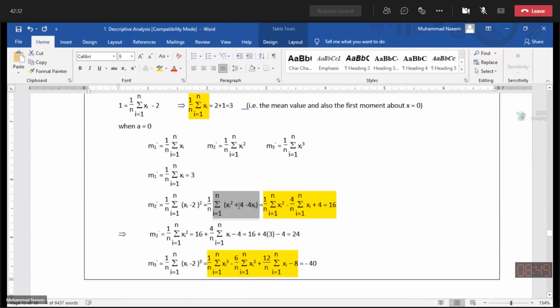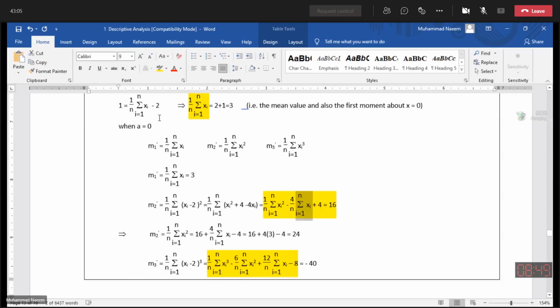Expanding the square, we have these three terms. The constant term remains the same, because when sigma is applied to a constant, it becomes n times, but at the same time we are dividing by n, so n cancels with n, and only the constant remains.